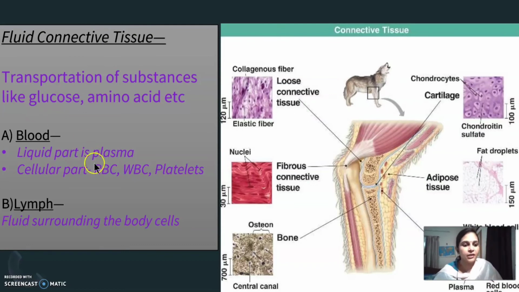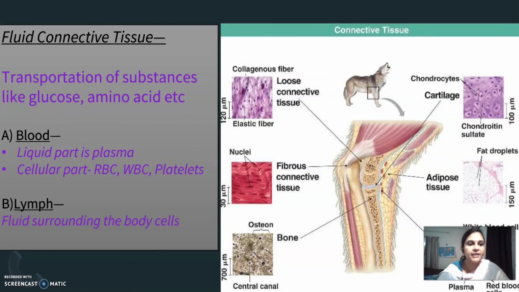So the cellular part is the RBC, WBC and platelets, and the liquid part is plasma. Okay. So the blood consists of two parts, that is liquid and cellular part. Liquid part is plasma and cellular part includes WBC, RBC and platelets. WBC is white blood corpuscles. RBC is red blood corpuscles.